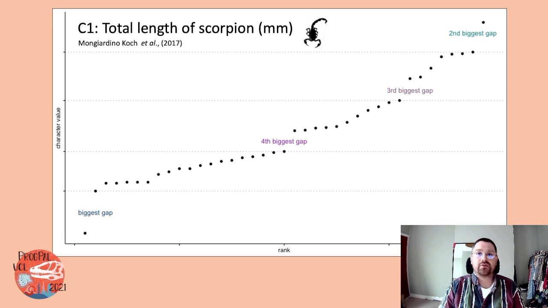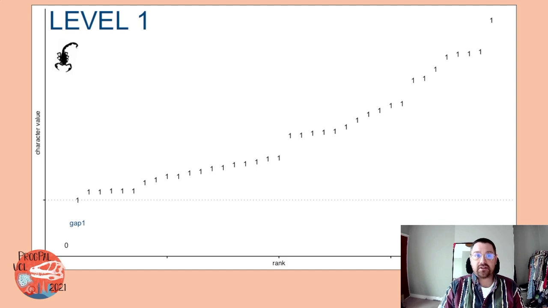Well, here's an example from the first character of the first data set, the total length of the scorpion. We take all the character values, we rank them. So this would be the shortest scorpion, this would be the longest scorpion, and then we look for the biggest gaps in between those specific character values, and we code around them. So for level 1 of discretization here, we code around the biggest gap. Level 2, we code around the second biggest gap.